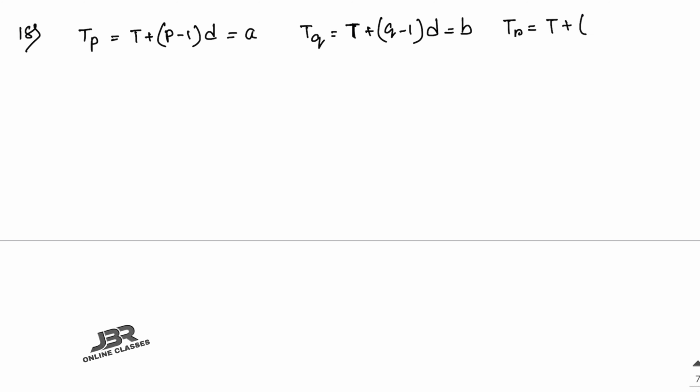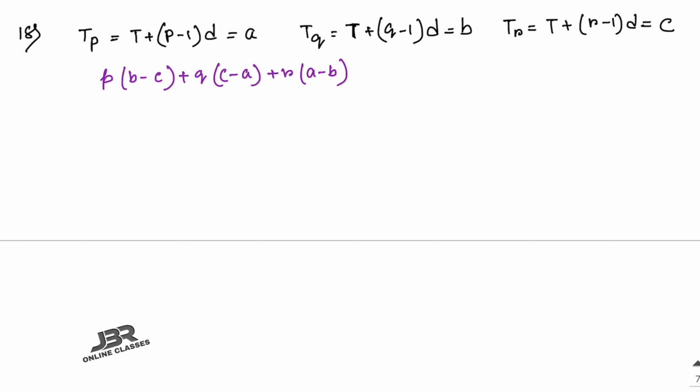That means T plus (P-1) into D equals A. Next, Tq means T plus (Q-1) into D equals B. Here T means the first term of that AP series, and Tr is T plus (R-1) into D, which equals C. Now prove the first one: P into (B-C), plus Q into (C-A), plus R into (A-B), equals 0. You have to prove that.